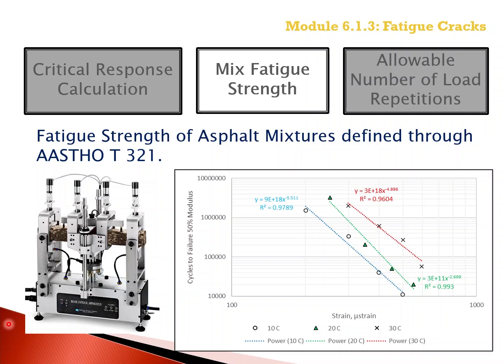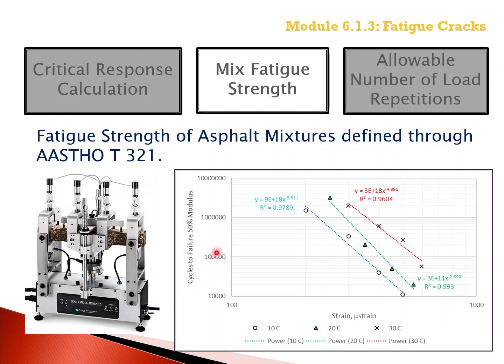As displayed in the graph, the tensile strain applied at a specific temperature or modulus is measured to determine the number of load repetitions to failure. Remember from Module 4-4-5, there are different definitions of failure in a laboratory beam specimen as defined in AASHTO T321.